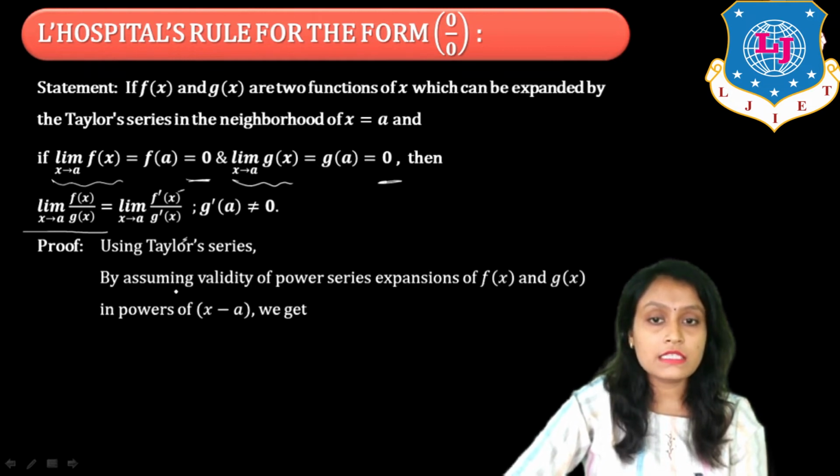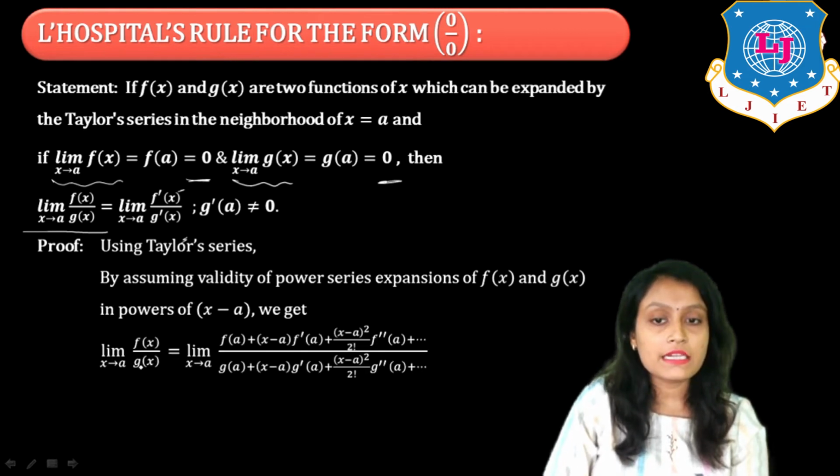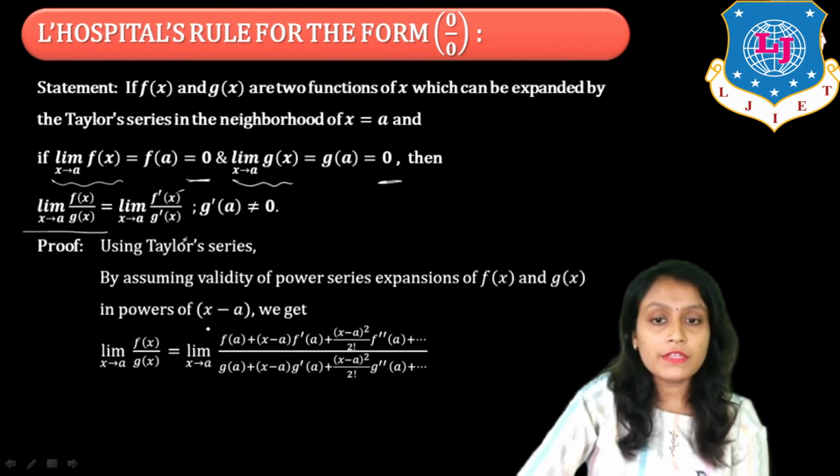Using Taylor series, by assuming validity of power series expansion of f(x) and g(x) in powers of x minus a, we get limit x tends to a f(x) upon g(x). Now we will write the Taylor series of function f(x) in powers of x minus a.